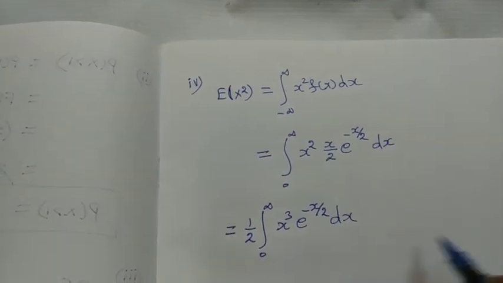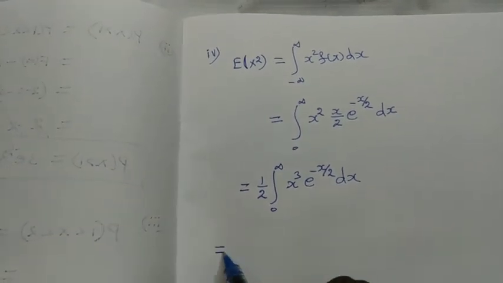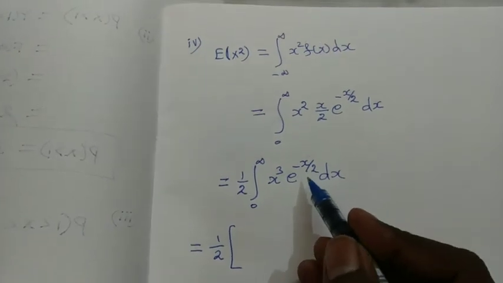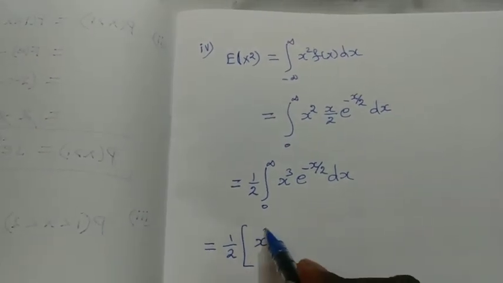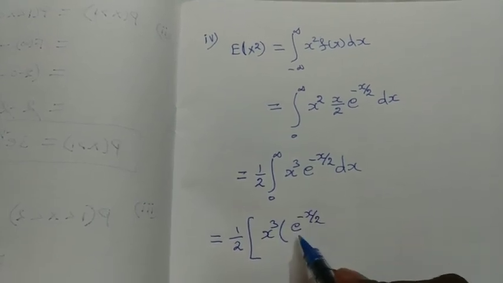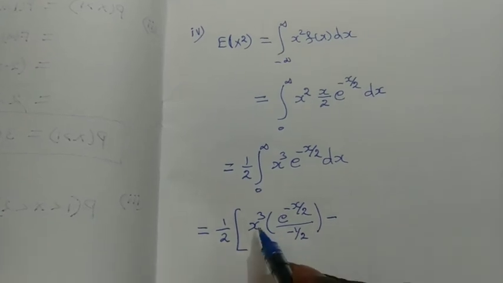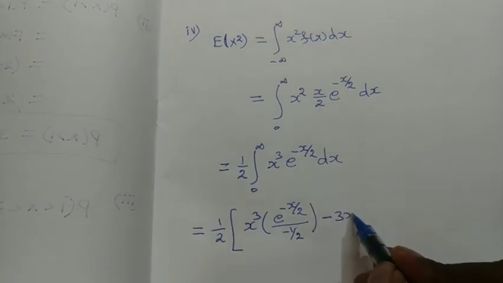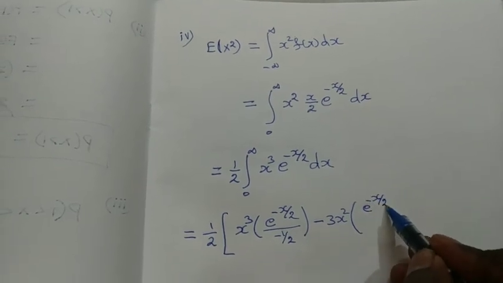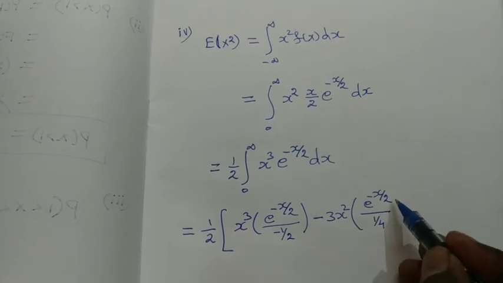Again I am going to use Bernoulli's method. Already we discussed Bernoulli's method, so I am going to apply it. This is the algebraic term, this is the exponential term. Take the algebraic term first. Integrate the remaining term: e power minus x by 2 by coefficient of x, minus 1 by 2. Minus differential of x cube, which is 3x square, and its integral is e power minus x by 2 by again minus 1 by 2. So minus 1 by 2 into minus 1 by 2 is 1 by 4.